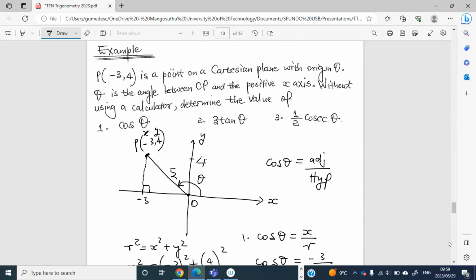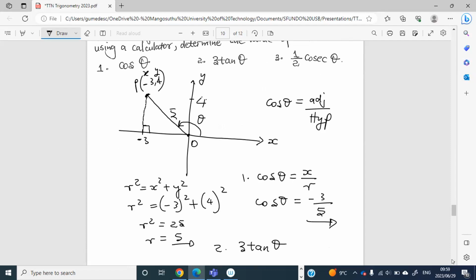Then you use the Pythagoras theorem to find the hypotenuse: r squared is equal to x squared plus y squared. So r squared is 25, and the square root of 25 is 5. I know you may have learned that the square root is plus or minus 5, but in this case, because the hypotenuse is always a length, we always take the positive, not the negative.